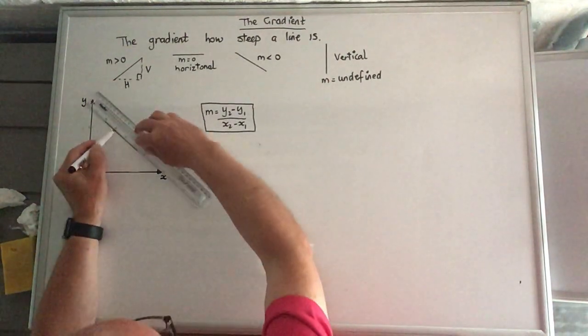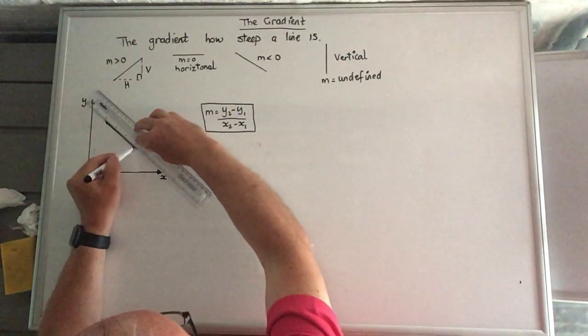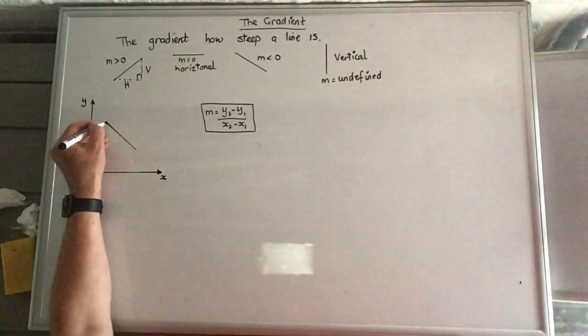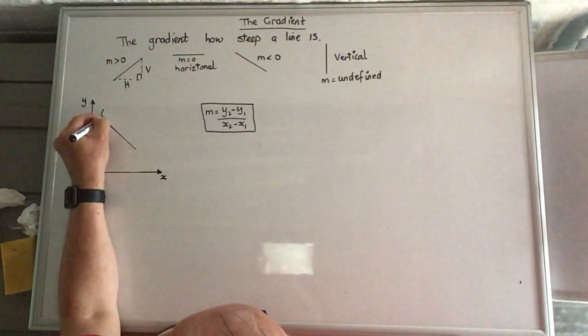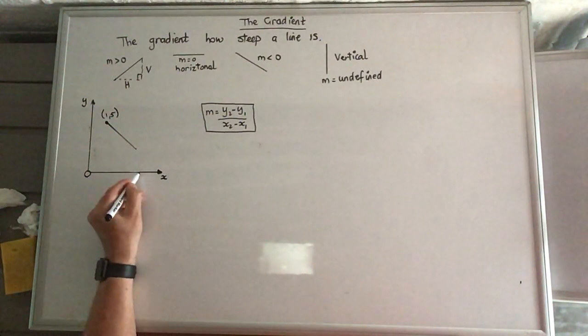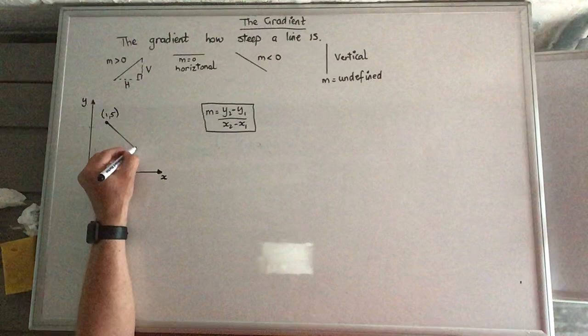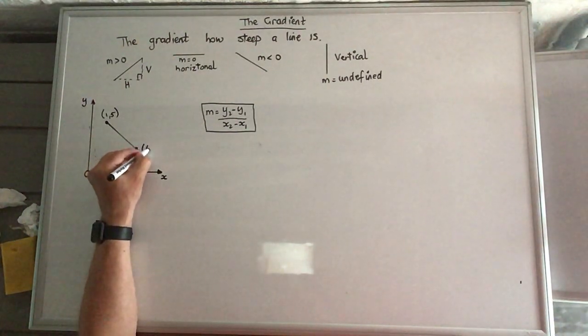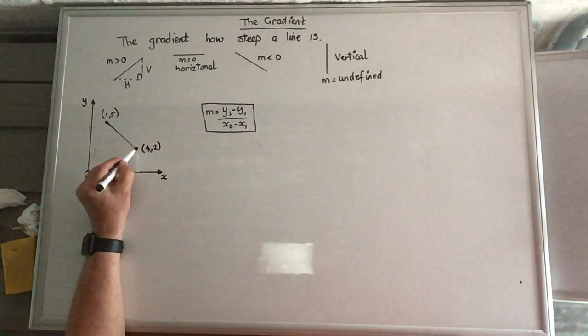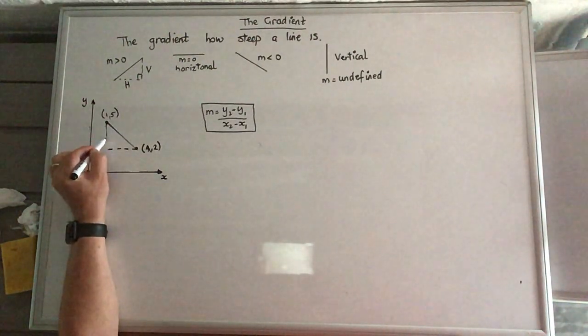And we'll attach values to it. Okay, so let's call that 1, 5. Let's call that, say, 4 along, 2 up, 4, 2. And let's work out that gradient. Again, draw the right angle triangle.